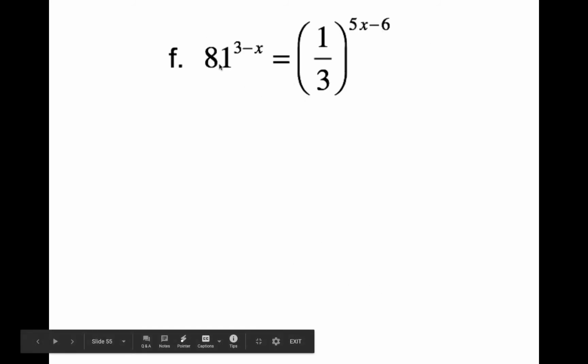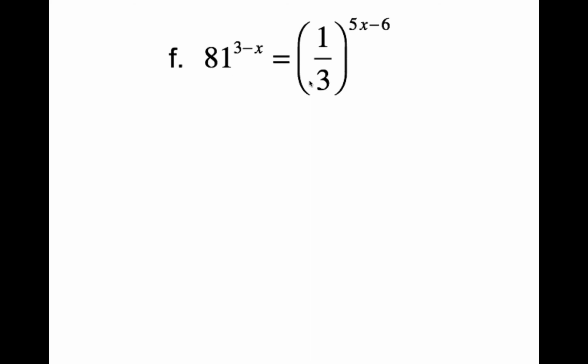For F, we have an 81 and a 1/3. To make them equivalent, we're going to make them both have a base of 3. So it's 3 to the 4th power, that's equivalent to 81, drop down the exponent, equals, to make this a 3, this needs an exponent of negative 1, because remember that flips the base, and then drop down the exponent.